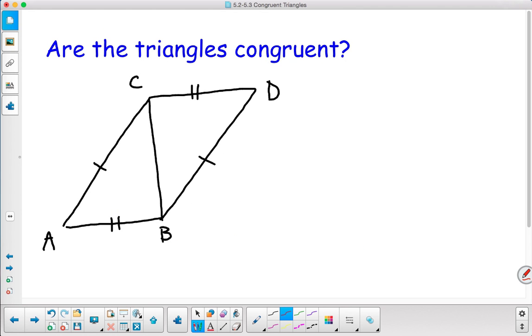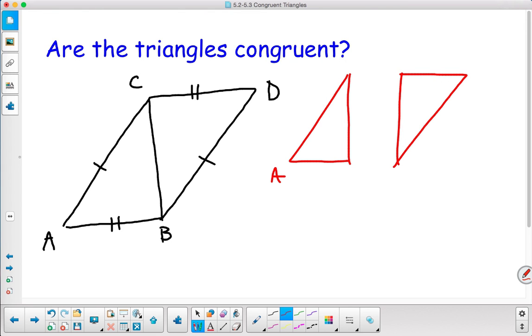Are these triangles congruent? Now when the triangles are hooked together, it's going to work best if you will separate them. So I'm going to, off to the side here, draw the two triangles and mark them so that I can tell what's going on. A, B, C, B, C, D. Okay, what things are the same? AC is the same as DB. AB is the same as CD.